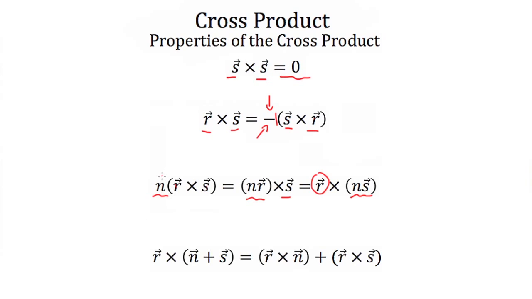This is not distributive because these are all just different types of multiplication. Here we have vector multiplication, and then we have a vector times a scalar. So don't multiply that scalar or that number by both vectors before you cross them. Just do it to one or the other.